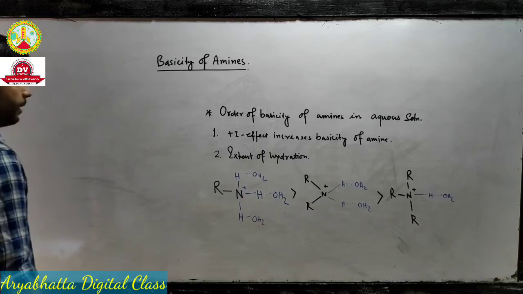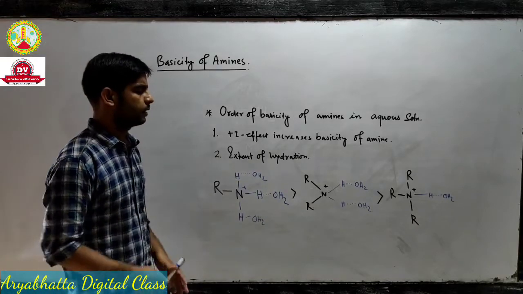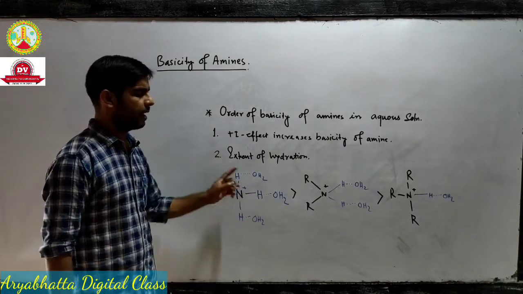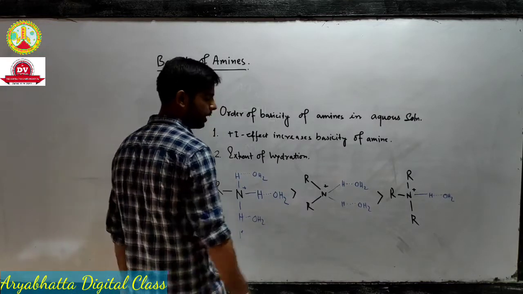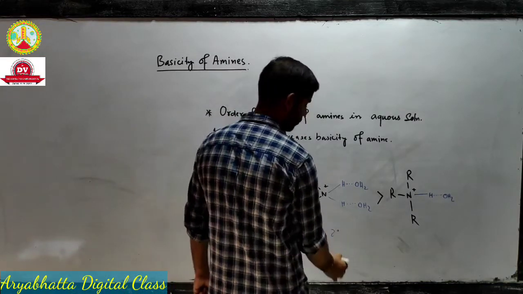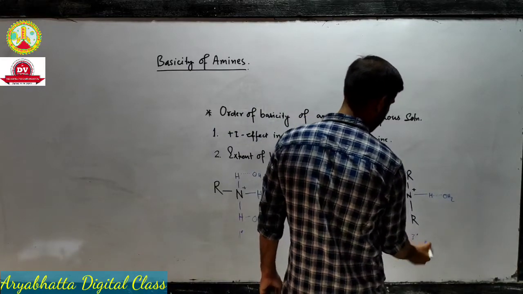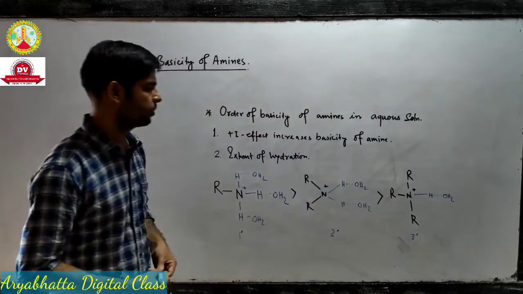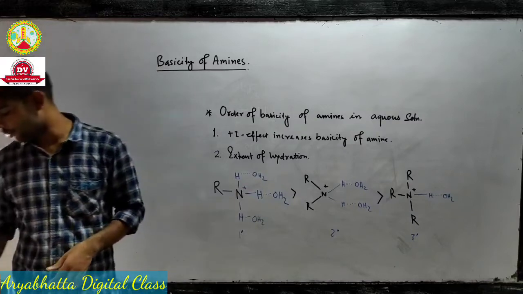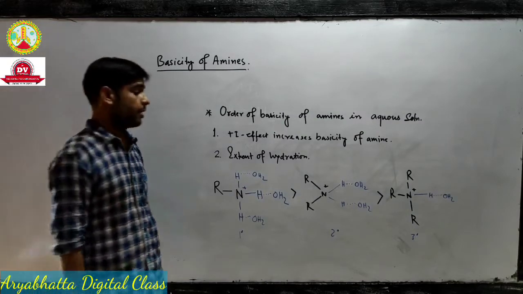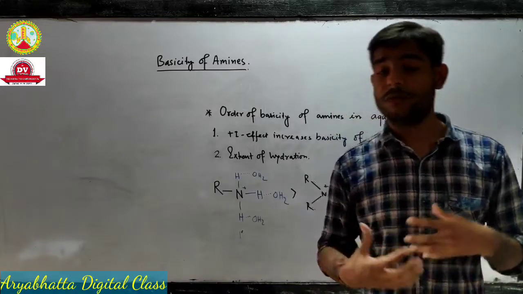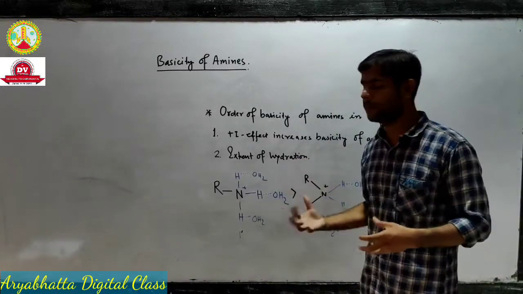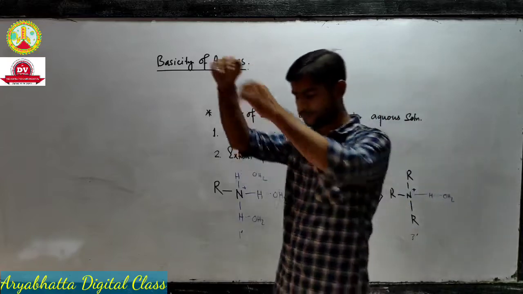So we can see that primary amines can form 3 hydrogen bonds, secondary can form 2, and tertiary can form 1. And with the extent of hydration, the basicity should go up.